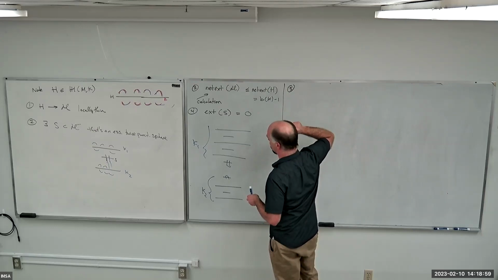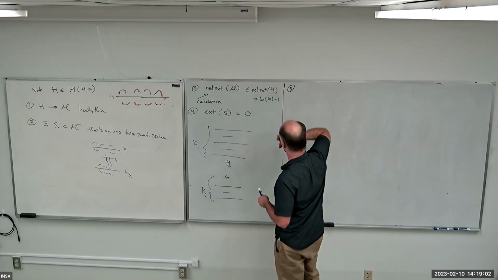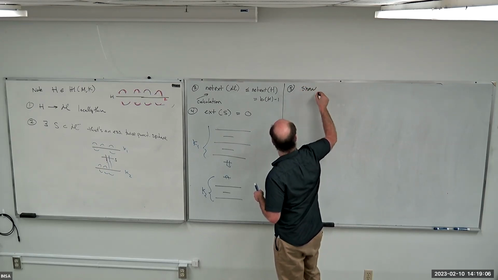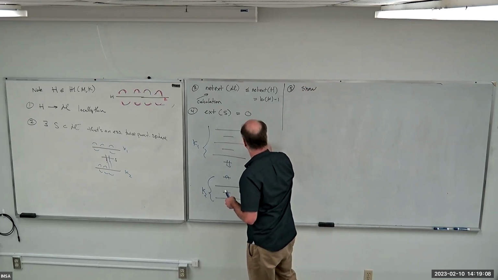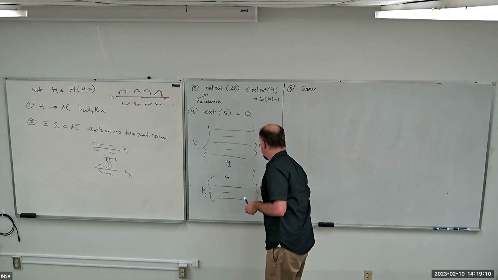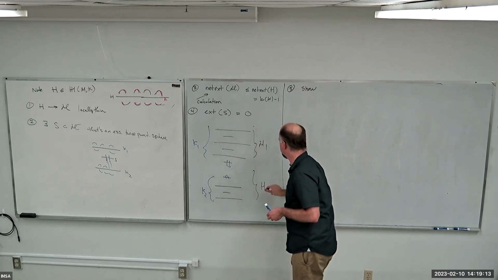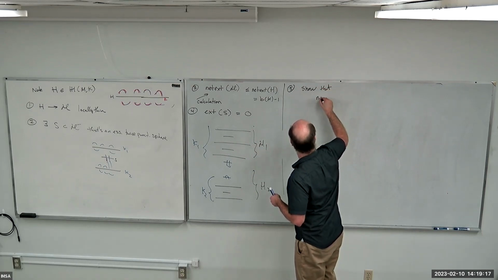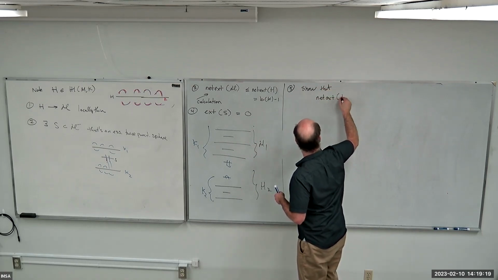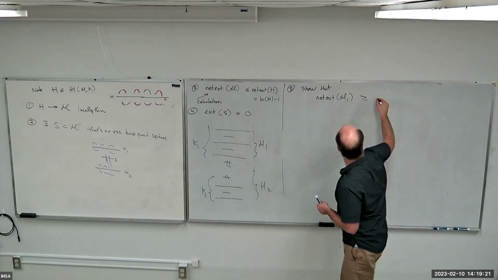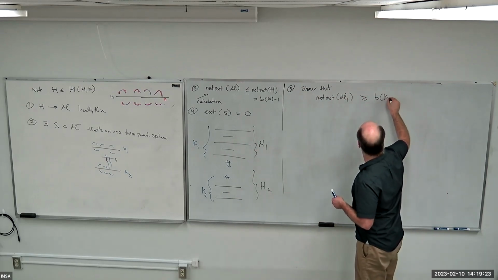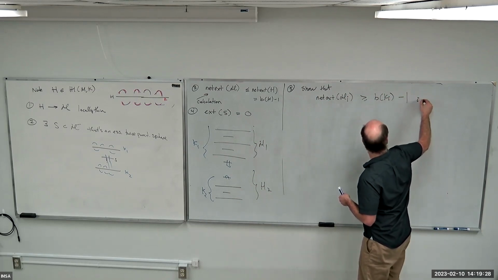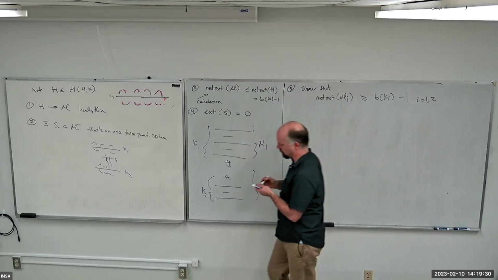So I'm not getting into a lot of what I intended to talk about, but hopefully this is interesting. So the last step is to show that, so this is like H1 and this is H2, show that the net extent of H1 is bigger than or equal to the bridge number of K1 minus 1, and the same thing for K2.